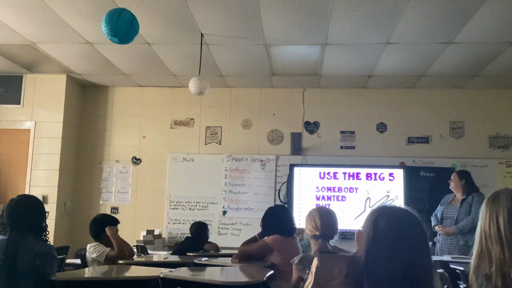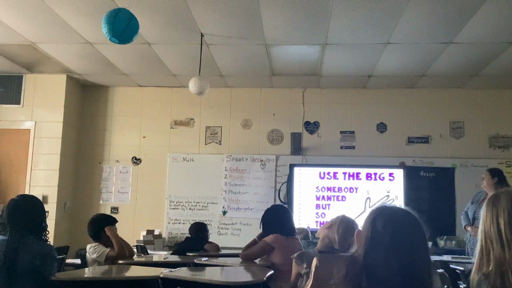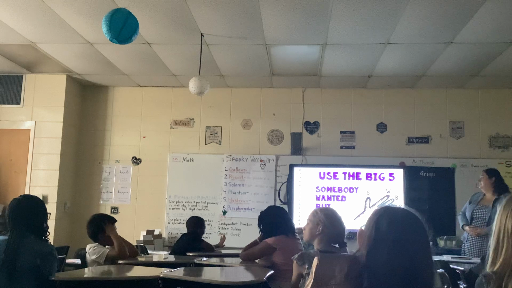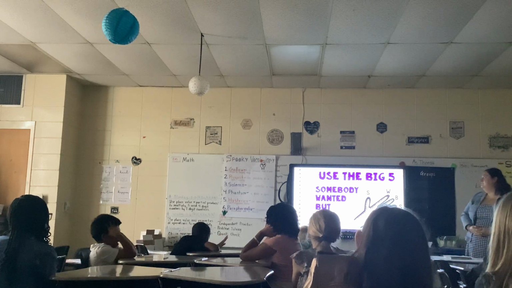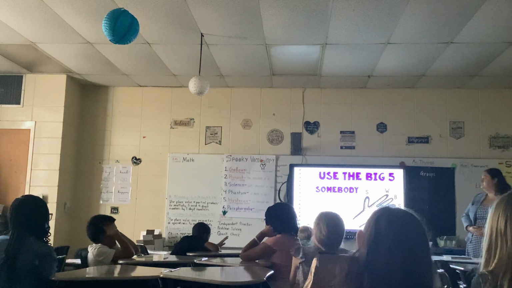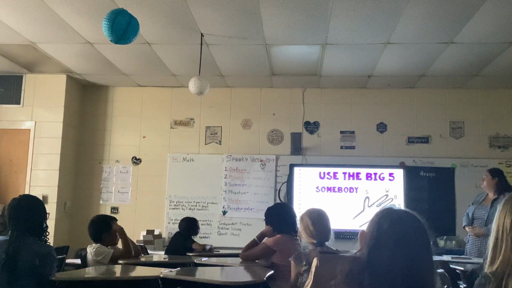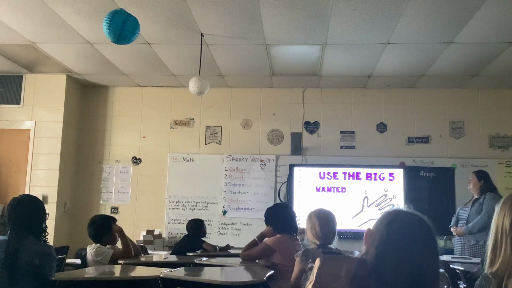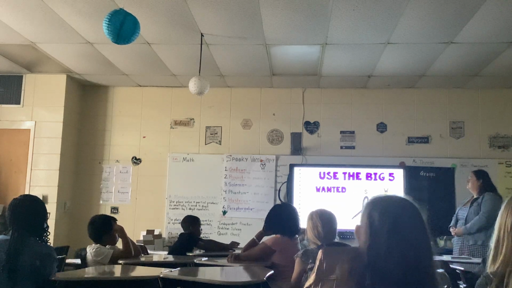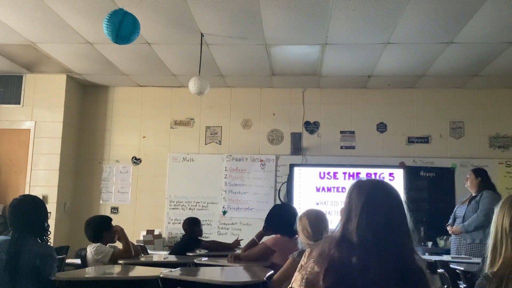One way to summarize fiction is to use the big five. Somebody wanted, but, so, then. Start by telling somebody. Who is the character? Next, tell wanted. What did the character want?